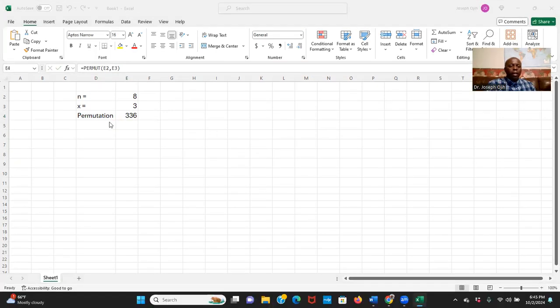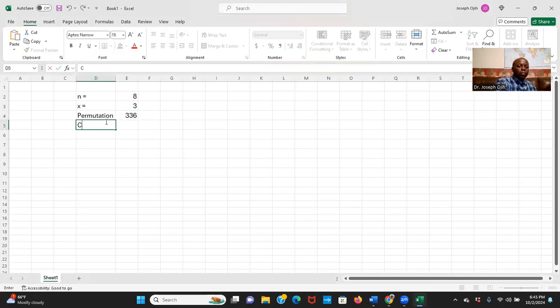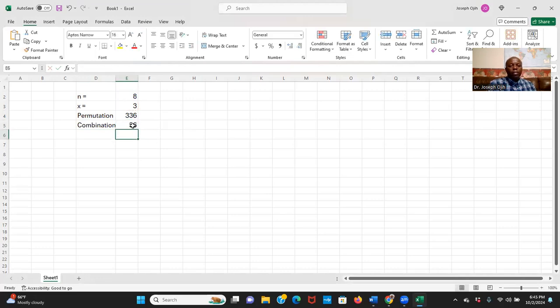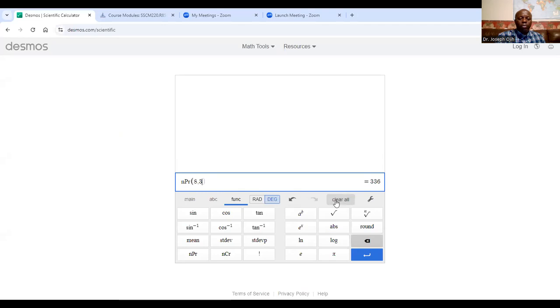Yes, I saw. And also, if you want to do combination, you have equals combine. See, combine, double click, number, comma, then 3, choosing 56. As a verification, on the calculator, nCr 8, comma 3 is 56, which is the same thing Excel gave us.